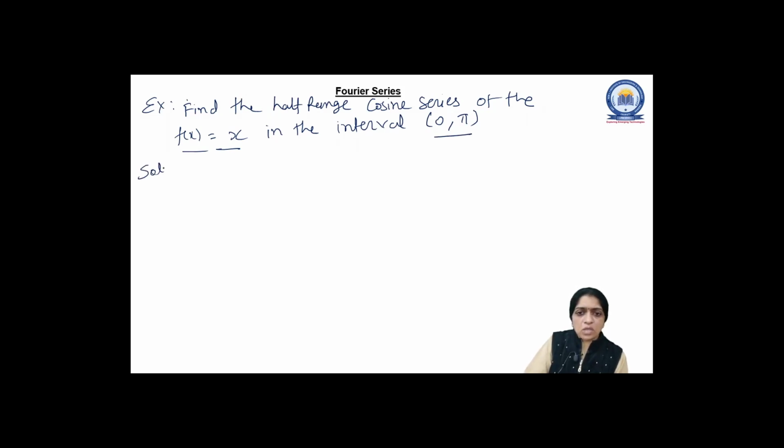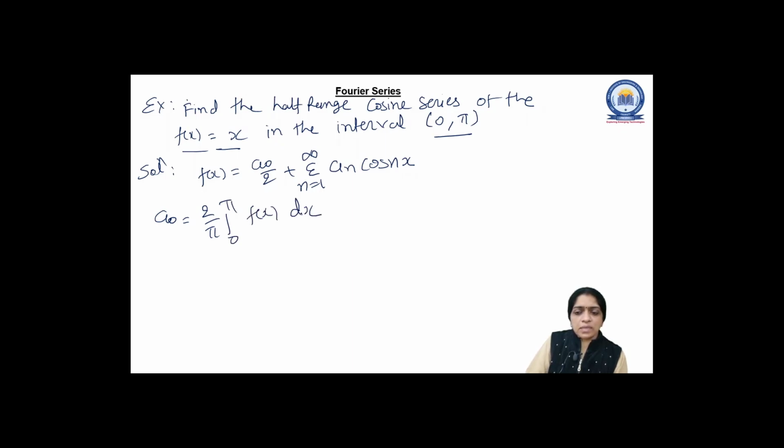Let's start the solution with the formula of the cosine series, that is f of x equals a0 by 2 plus summation n 1 to infinity an cos nx. Now the formula for a0 is 2 by pi, integral 0 to pi, f of x dx.